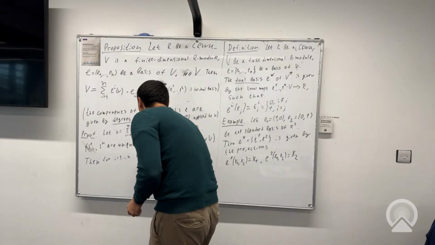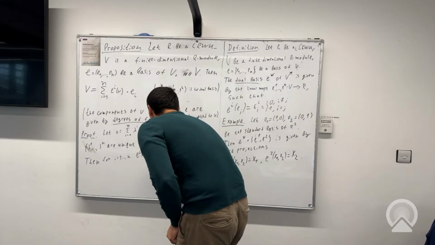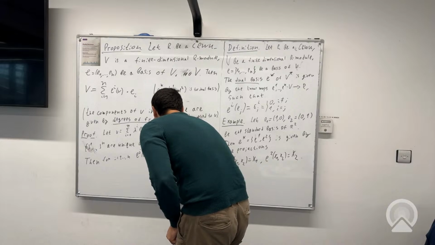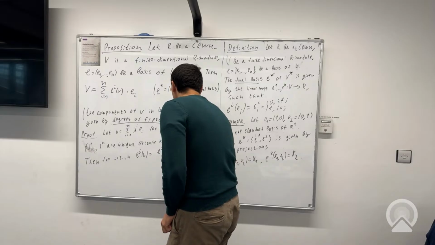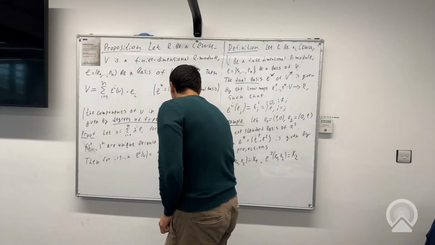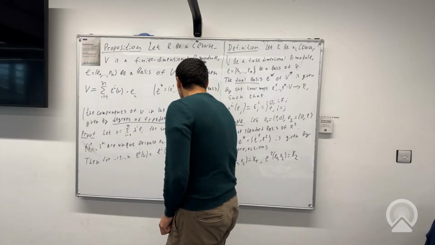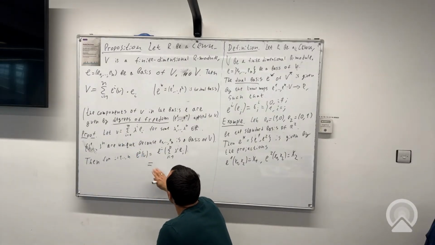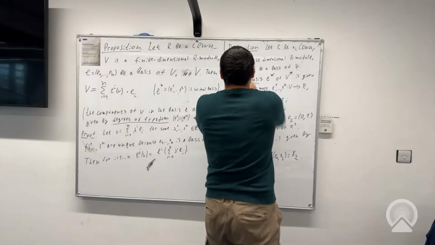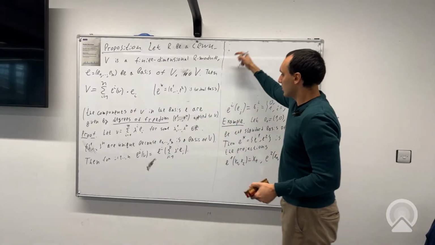E^i(v) equals E^i of the sum, let's change the index here to j, of lambda^j E_j.